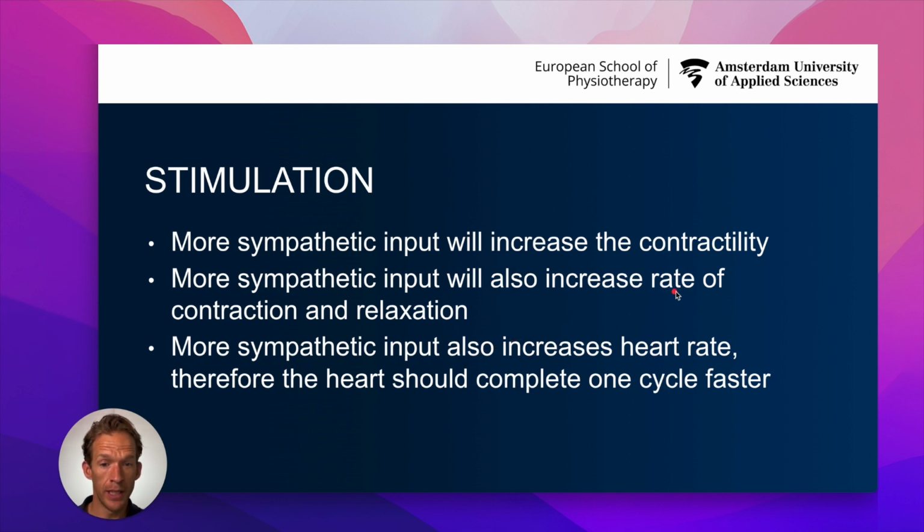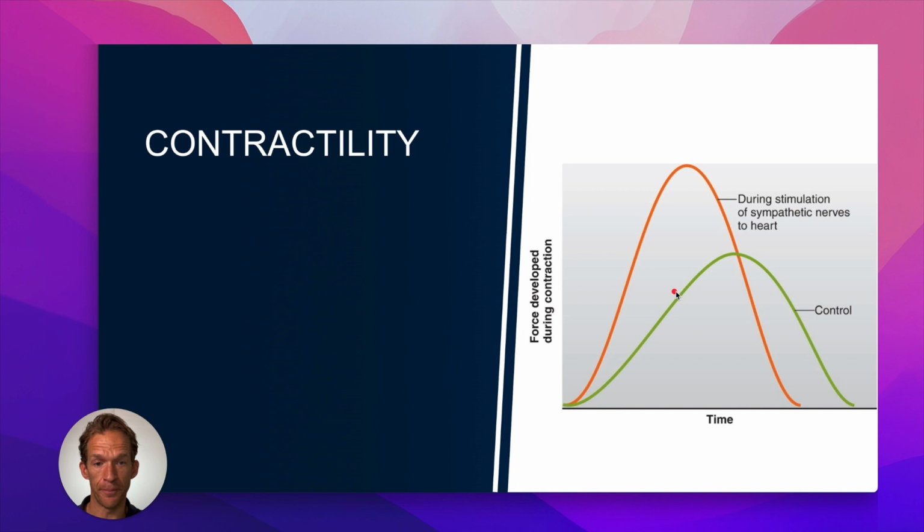But more importantly, contractility is about the force production of each cardiac muscle cell. What you see in this chart is, for a particular cardiac muscle cell, the normal rate of force development over time. Here you see force development during contraction, here you see time.